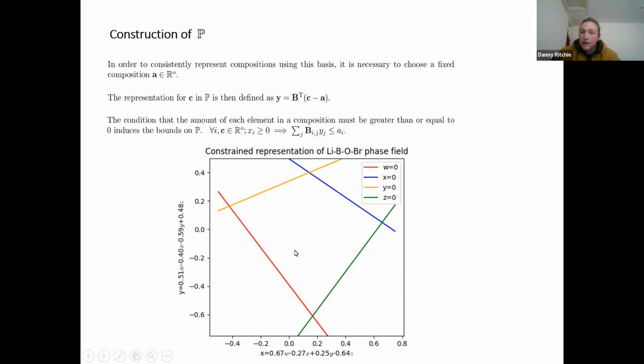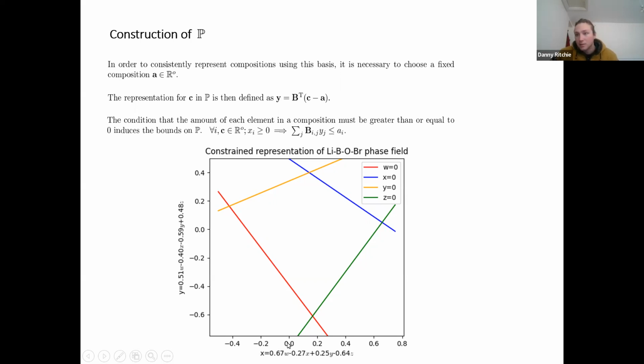As you can see here, this is the phase field for the lithium boron oxygen bromine space. So this is an example of one orthogonal set of basis vectors you can choose. We had 4 elements, so we're working in a 2-dimensional space. We have 2 basis vectors.